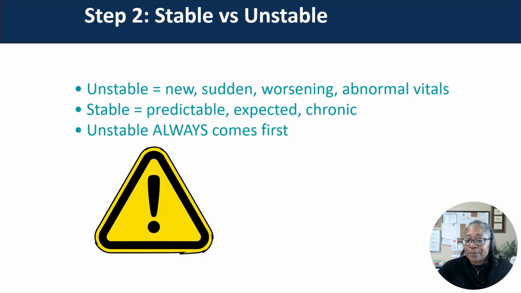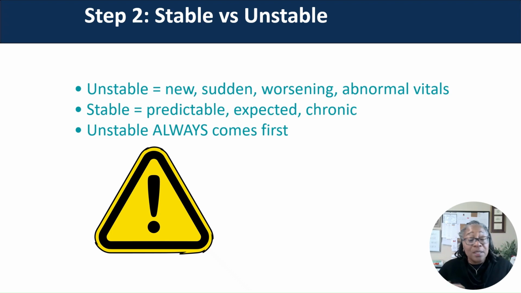Okay, so how do you decide stable from unstable? A stable patient is one that's predictable and has expected findings. An unstable patient is deteriorating, unsafe, or has some life threatening changes.